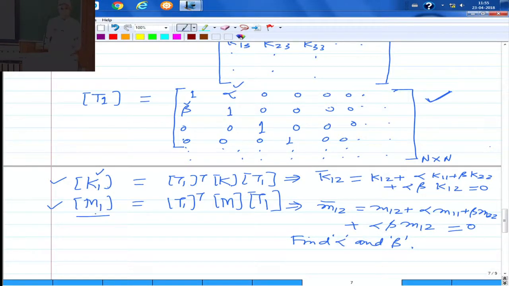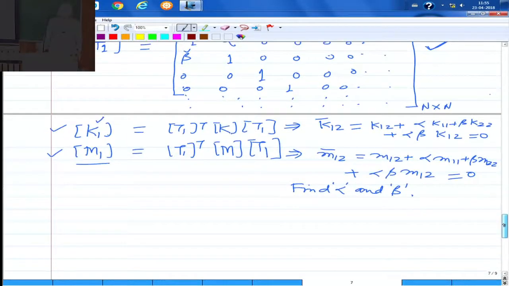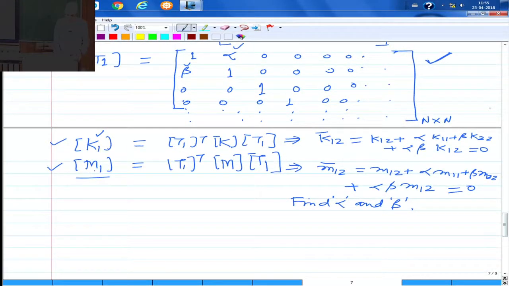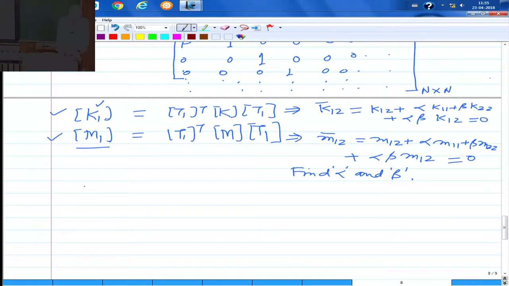Now again you construct another matrix T2, where you will try to make K13 zero. Subsequently, whatever new matrices we have got, the 1 3 elements, say K bar 1 3 and M bar 1 3, we will try to make 0. So here the next level is you will construct, say, T2, and that is a new transformation matrix.